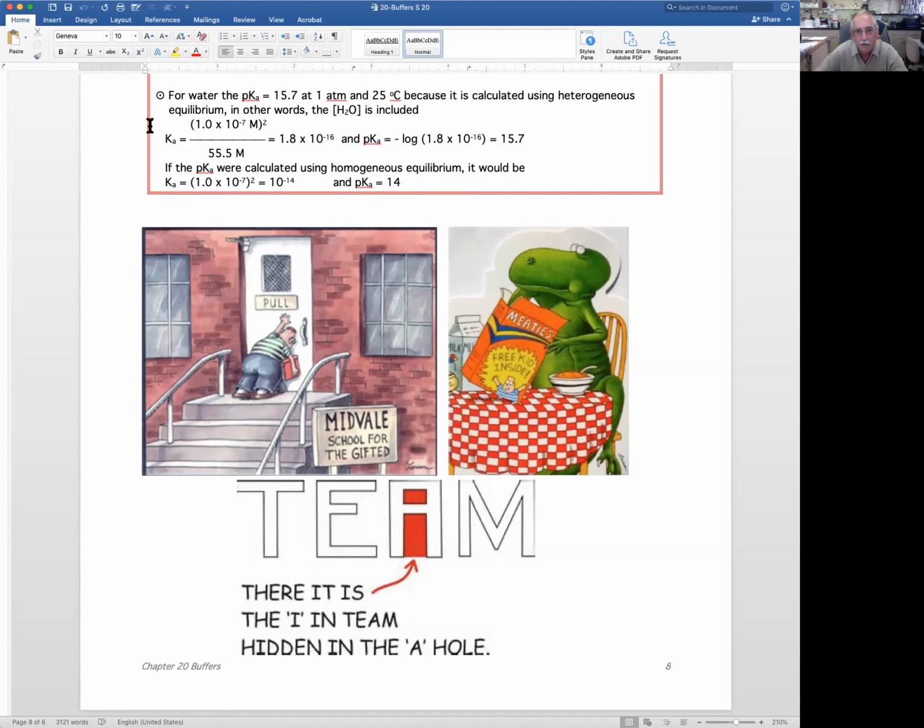They're using heterogeneous equilibrium, which means they're including water in the calculation. So in other words, they teach you about equilibrium, now you're using homogeneous equilibrium, and you think that's the major one that they're using. Then all of a sudden, they tell you the pKa for water using heterogeneous equilibrium. It's kind of irritating.